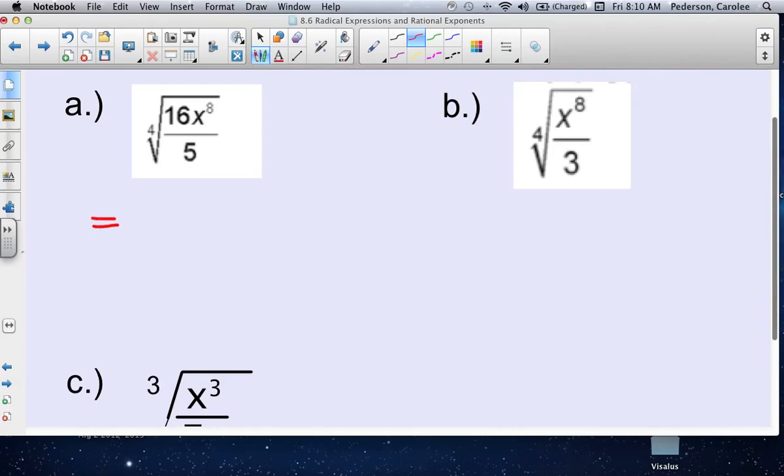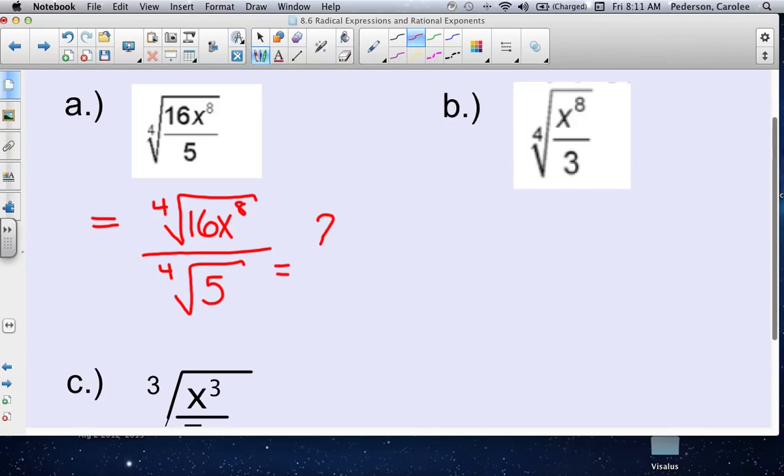So what we can do is split up that 4th root into the 4th root of 16x to the 8th, and then the 4th root of 5. Now let's see if we can reduce that 16 down. 16 is 2 times 2 times 2 times 2, or 2 to the 4th. And then x to the 8th can be x to the 4th and x to the 4th.